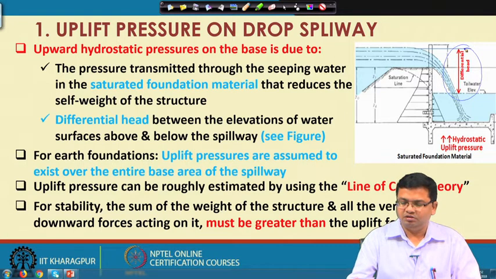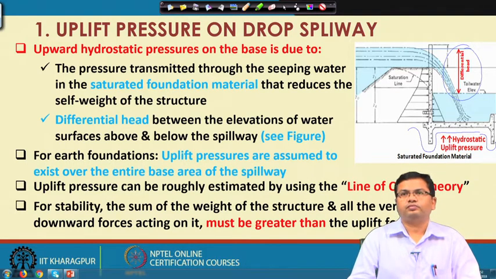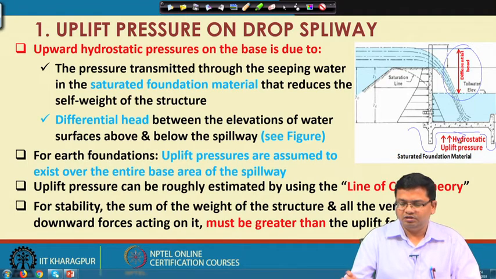You can see the line of creep goes like this, as I am marking here on this figure. Along this line generally the water seeps and the piping failure generally occurs. So, by using this line of creep theory along this contact surface, we estimate the uplift pressure.